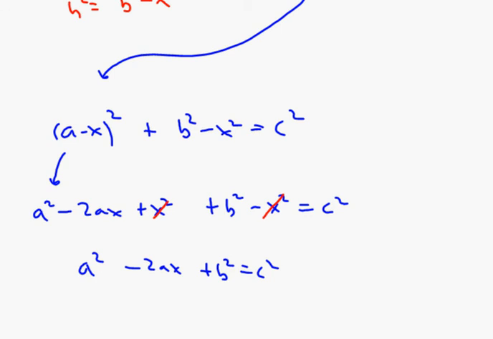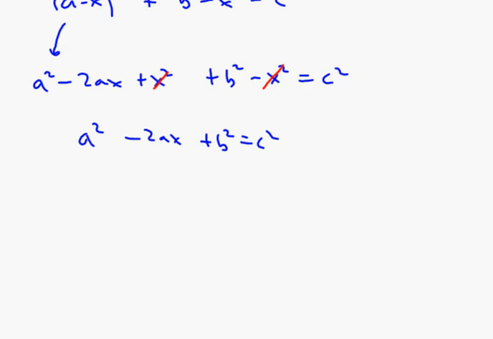And my claim is there might be a little bit of light at the end of the tunnel. You might be able to see something here because this almost is beginning to look like law of cosines, even though cosine is not anywhere in the expression. Let me reorder it for you so you can see that. A squared plus b squared minus 2ax equals c squared. All right, if you look at it, it's starting off just like law of cosines.